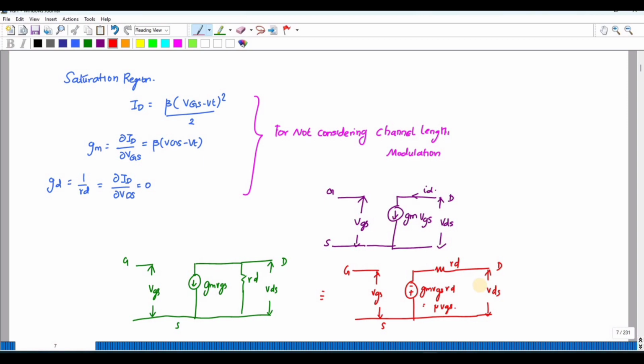This low frequency model for the MOSFET has a Norton output circuit, with a dependent current generator whose magnitude is proportional to the gate to source voltage.